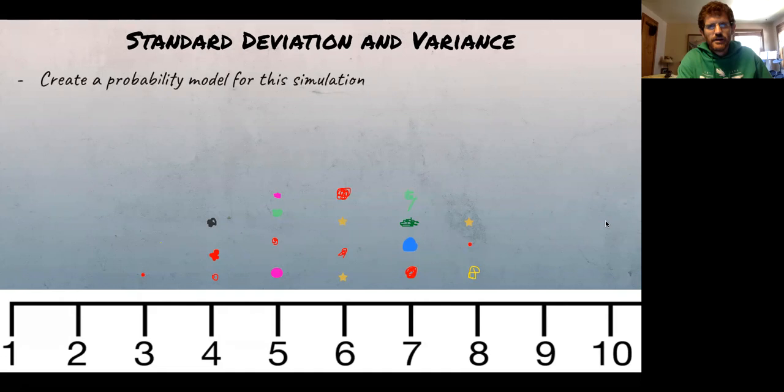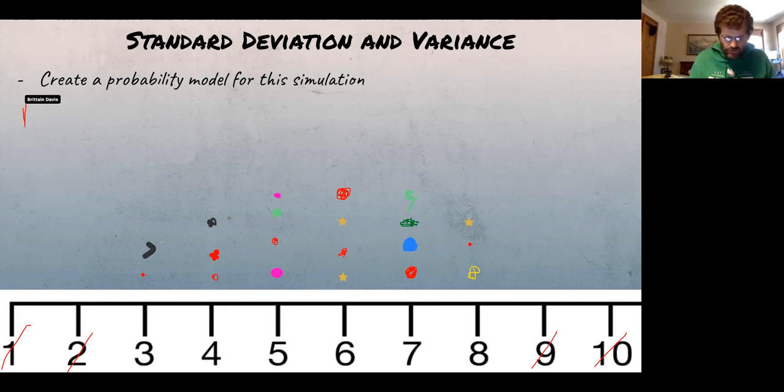So we want to create a probability model for this simulation. It looks like currently 1, 2, 9, and 10, we didn't get any results for. So I'm just going to ignore those results. And so I'm going to come up with a probability model.